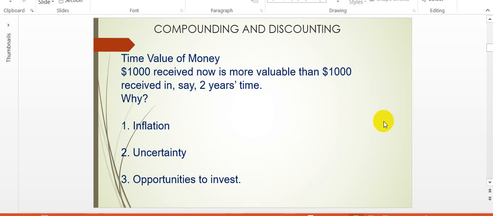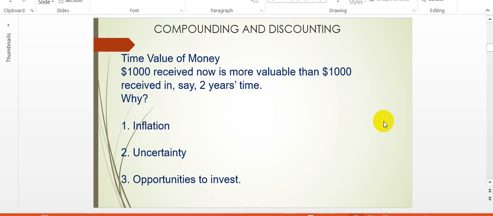There's also the uncertainty that you may not actually receive that amount of money 2 years from now because of the time factor. Anything could happen in between now and 2 years from now. There's also the opportunity to invest.